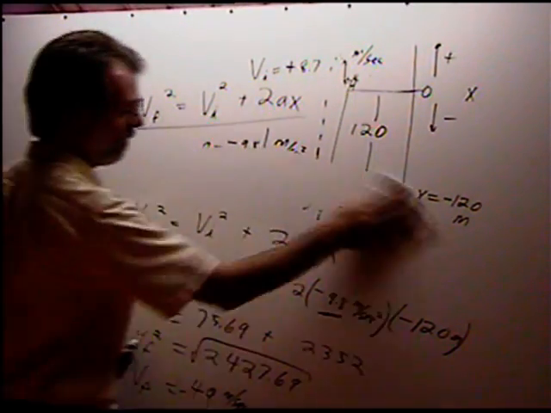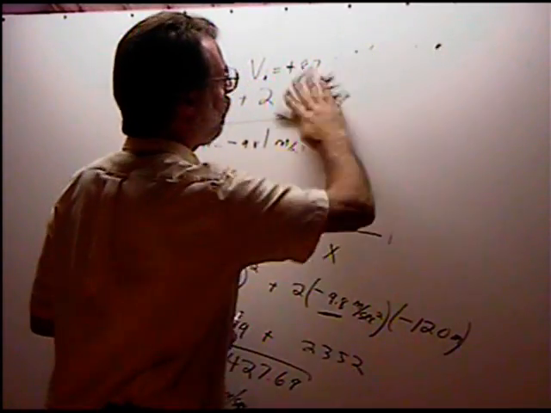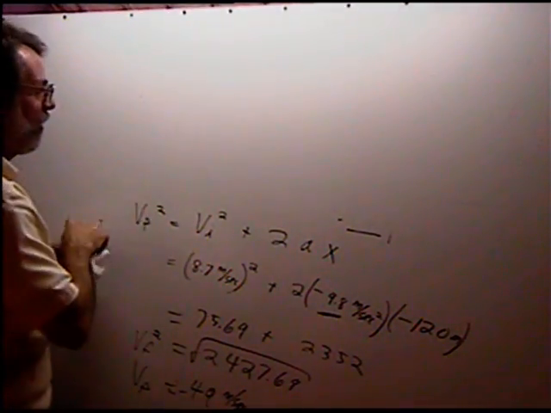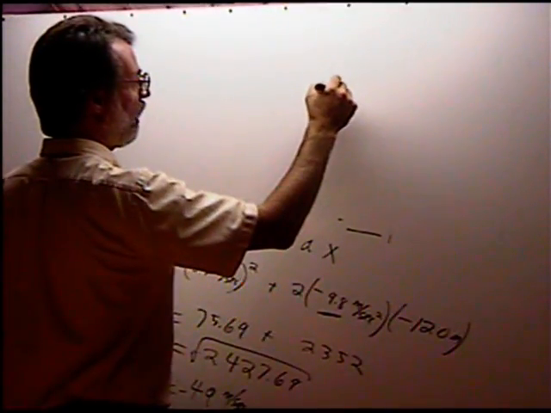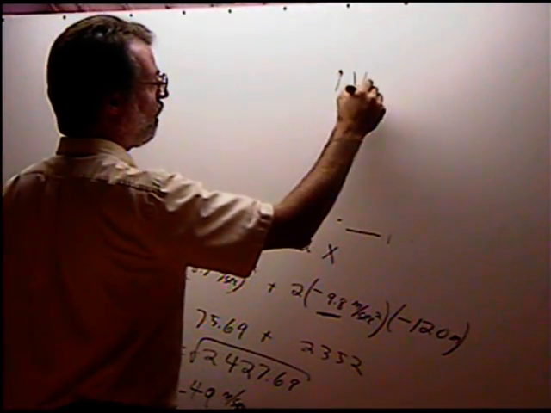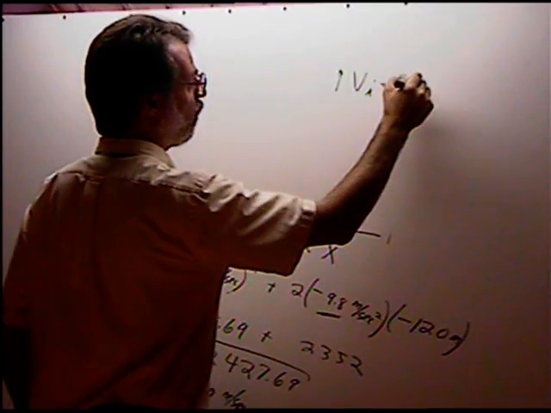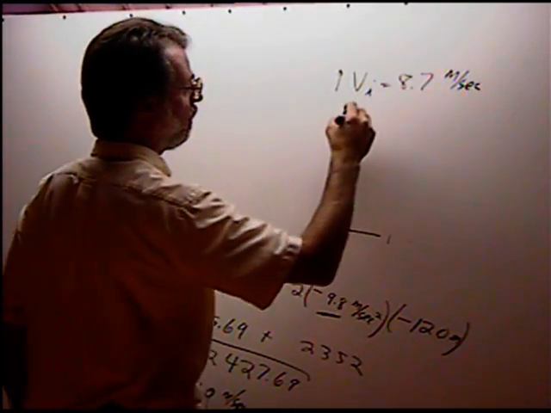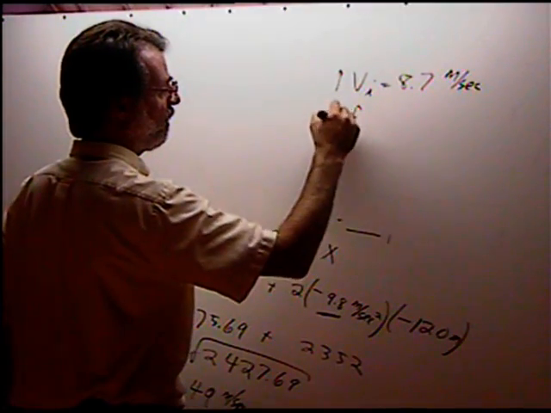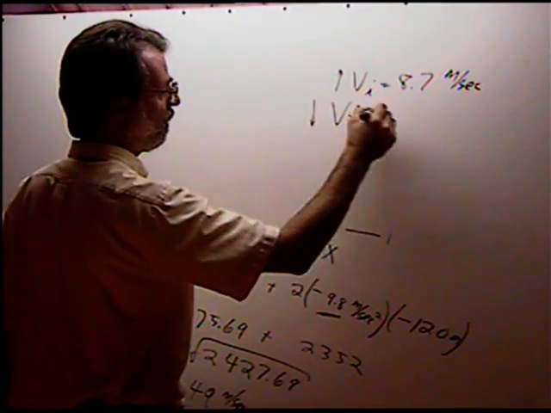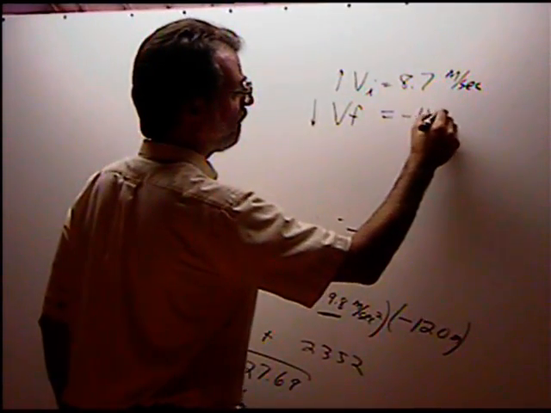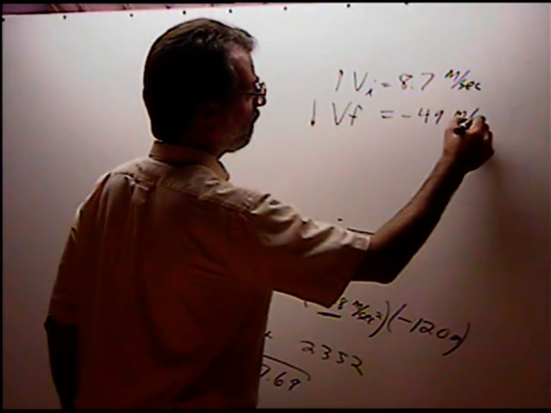Okay, I'm going to take this and just erase it. But notice that our initial velocity going up was 8.7 meters per second. Our final velocity going down was minus 49 meters per second.